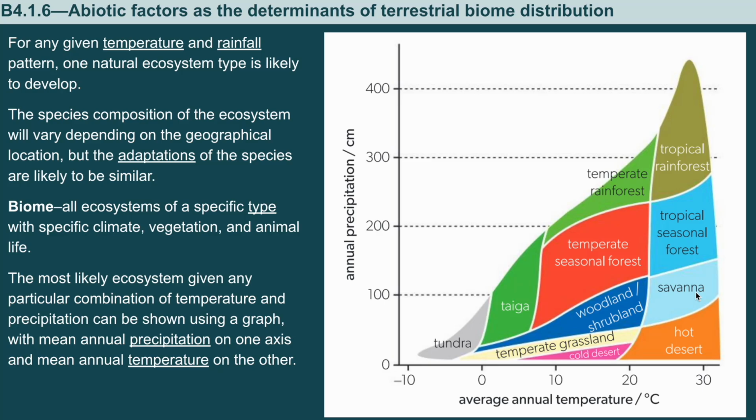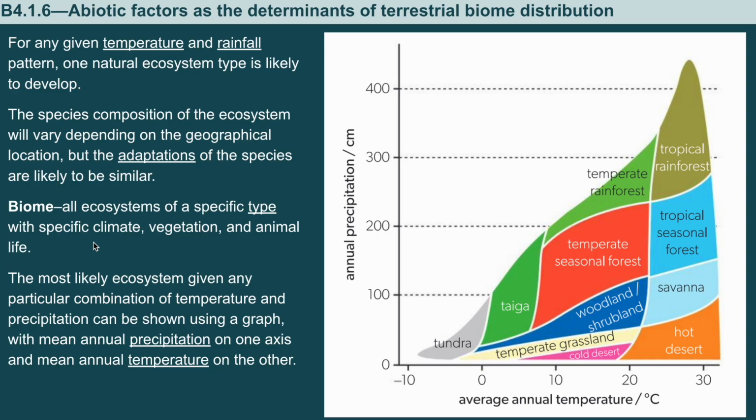If, for example, I was to ask you, what biome would you expect to find with an average annual temperature of 25 degrees Celsius? So you'd start by coming over here to 25, and 100 centimeters of annual precipitation. And so you would look where that line matched up with the 100, and you would be able to tell me savanna.